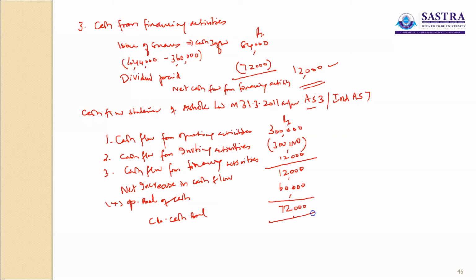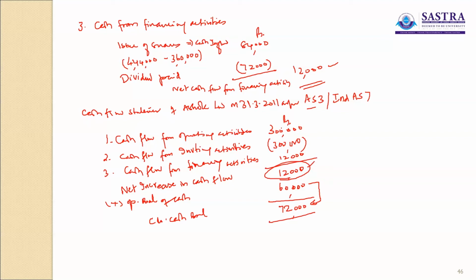This is what was appearing in the balance sheet. So 60,000 has become 72,000 because of the net increase in cash flow by rupees 12,000.